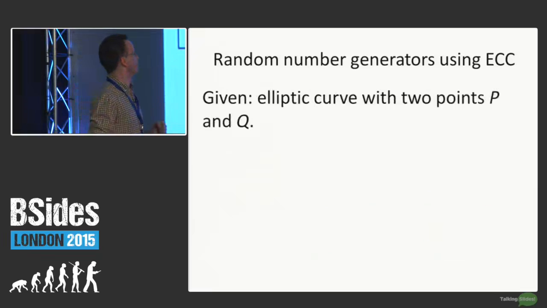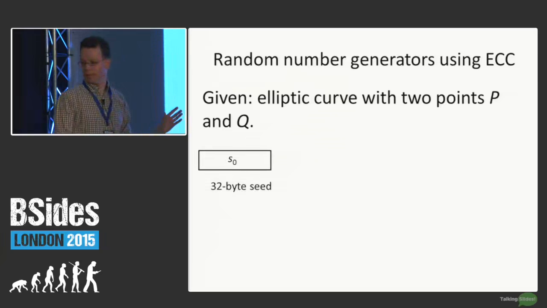But you can modify this a bit. We take an elliptic curve with 2 points on it, P and Q, 2 different points. Again, we take a random seed. This is a real algorithm, so it's defined as a 32-byte seed, a truly random number, called S0 in this standard for some reason.